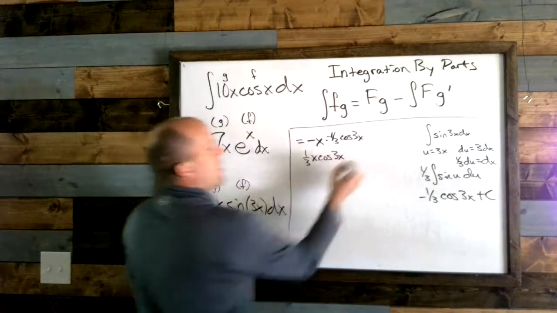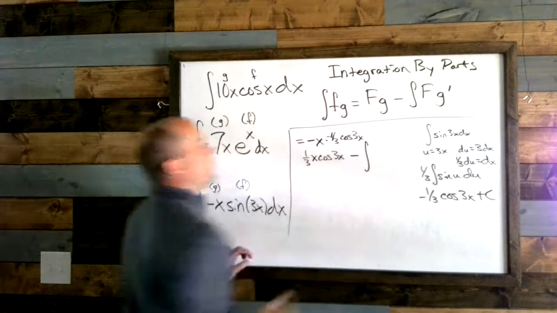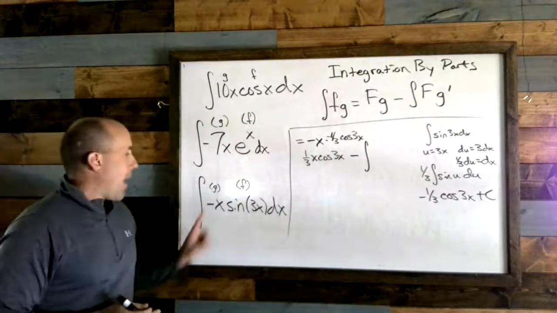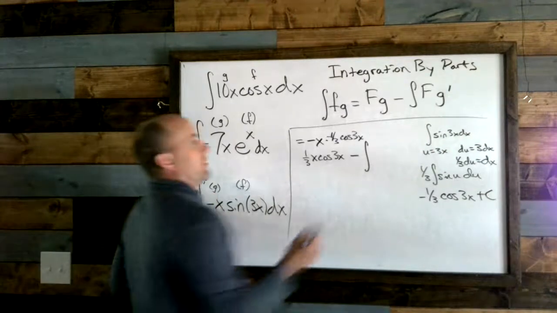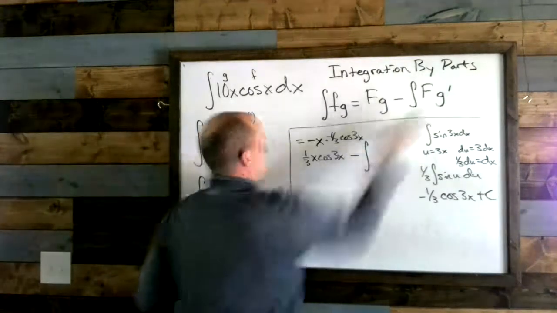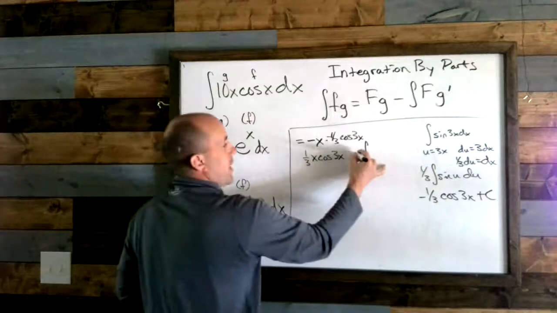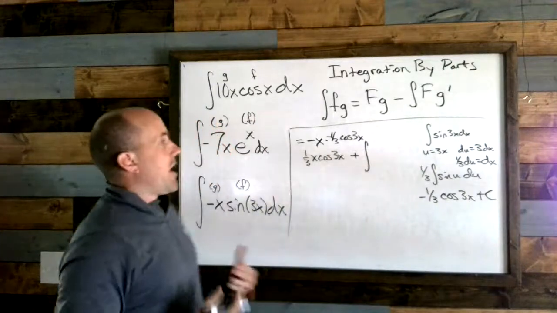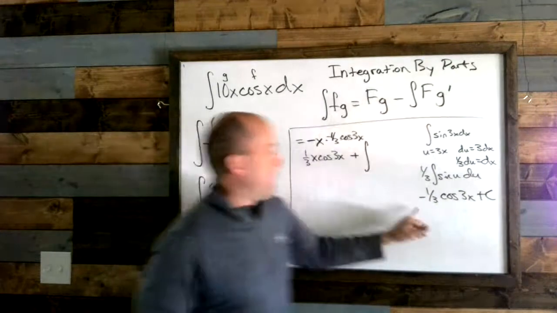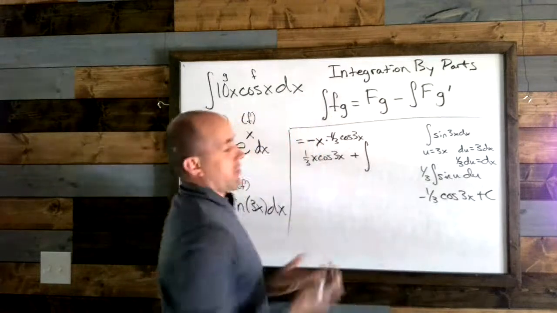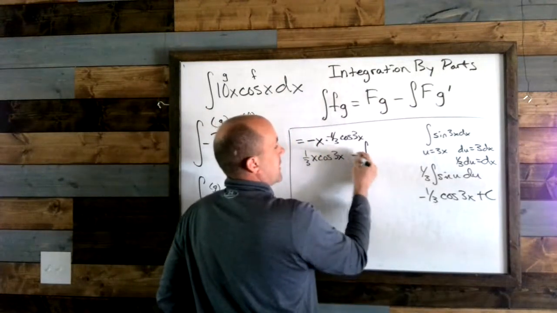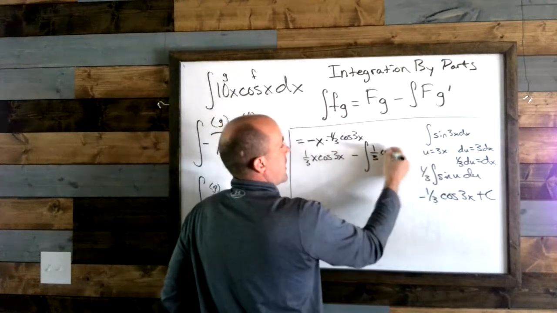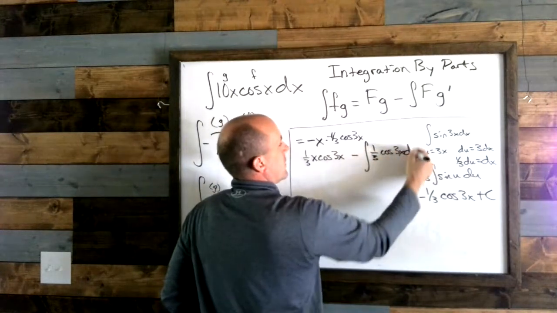Minus the antiderivative of, what happens when you take the derivative of g? You get negative 1, so that goes away. And then you have big F, and we said that big F is negative 1/3 cosine of 3x, so that negative sign is going to come back in: 1/3 cosine of 3x.